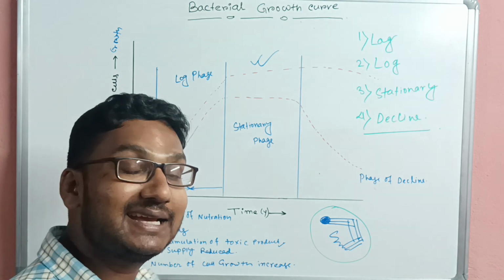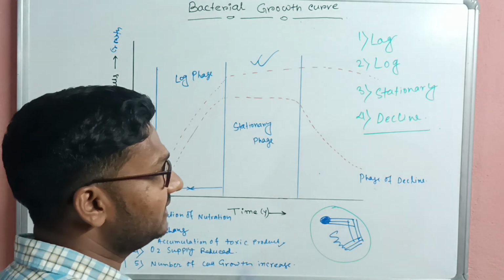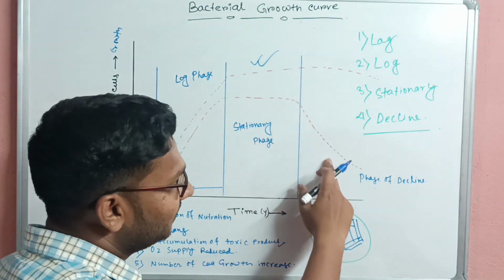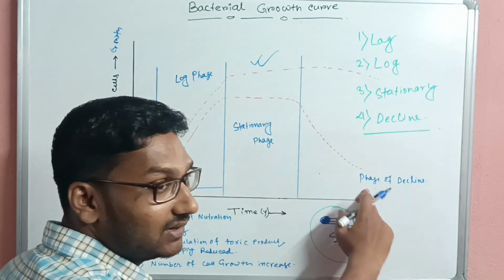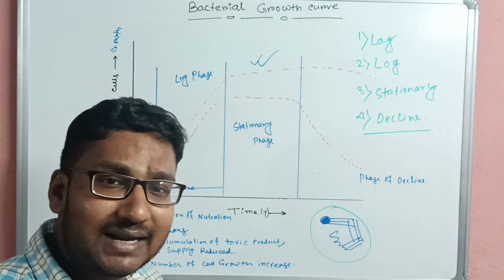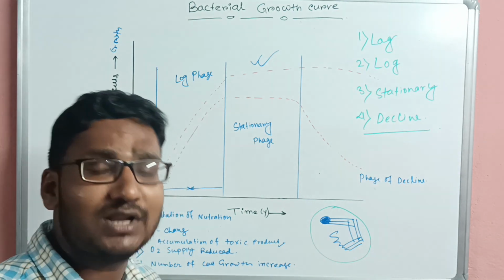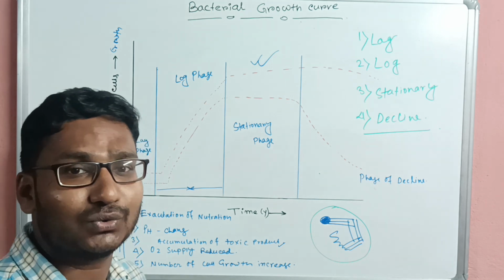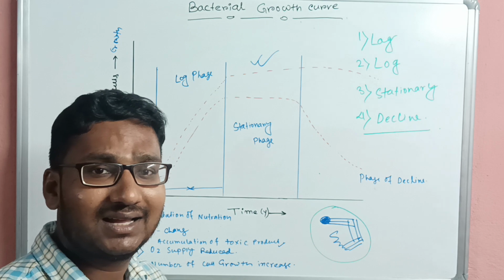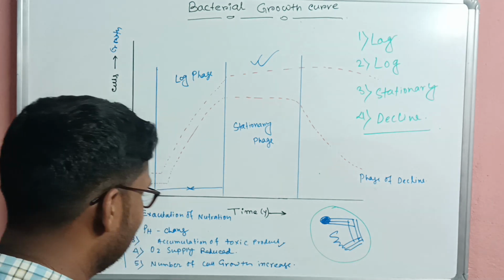What will happen in the decline phase? Here we see the curve goes downward. But why? Because after so large a population of bacterial growth, everything is exhausted, all unfavorable conditions.